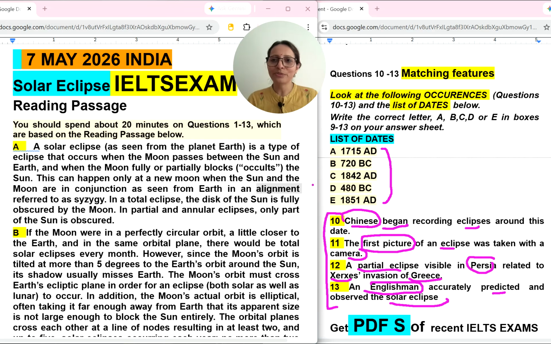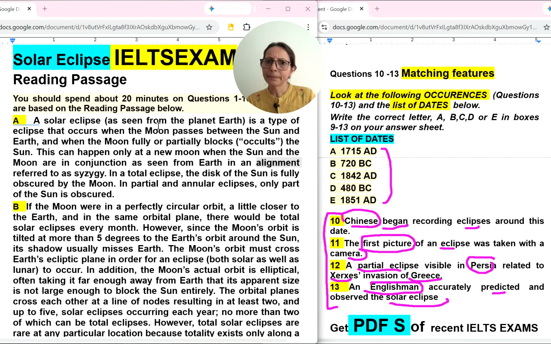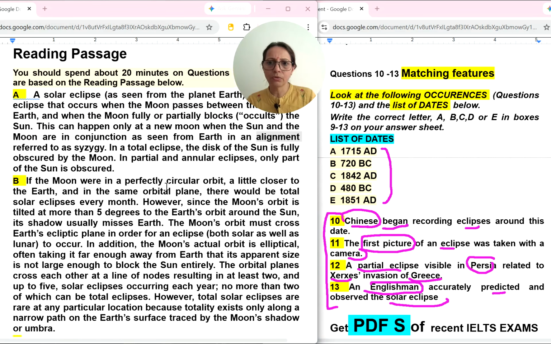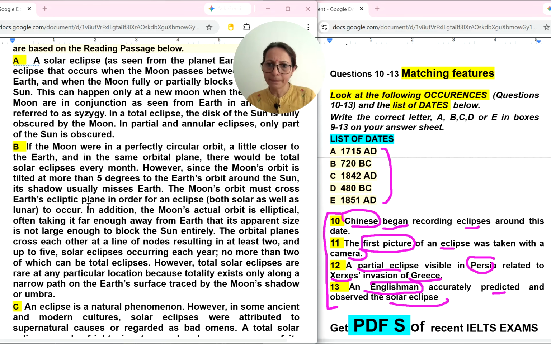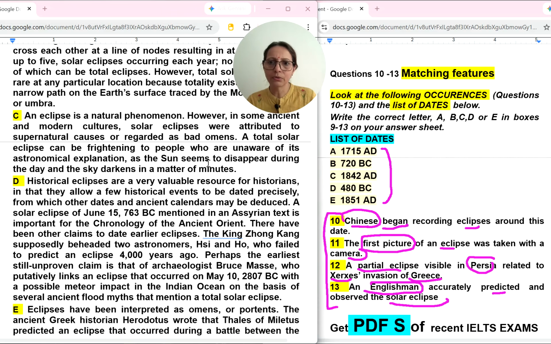Okay, so let's find any date in the first paragraph. 1715, 720. No date I can see here. No. In B, in C, no date.